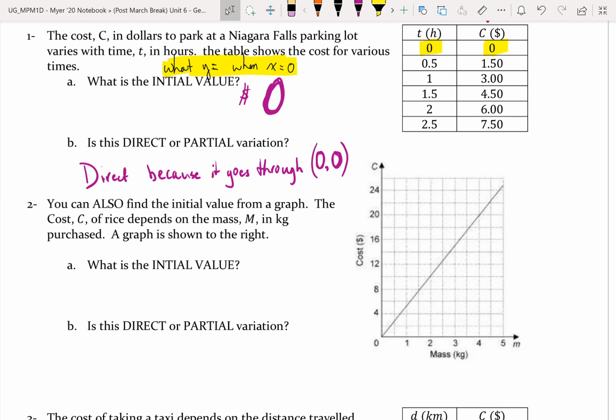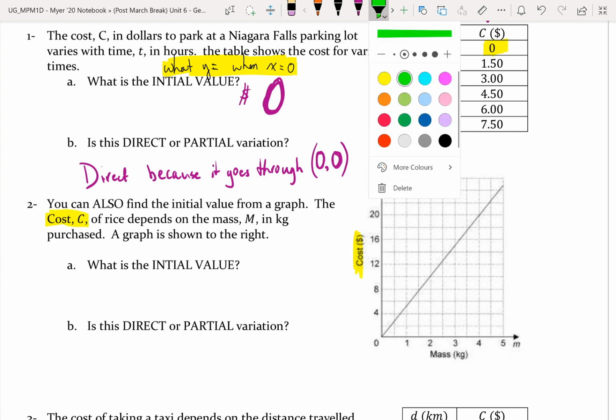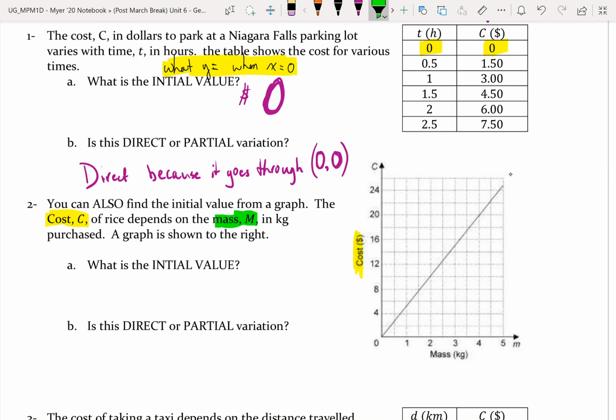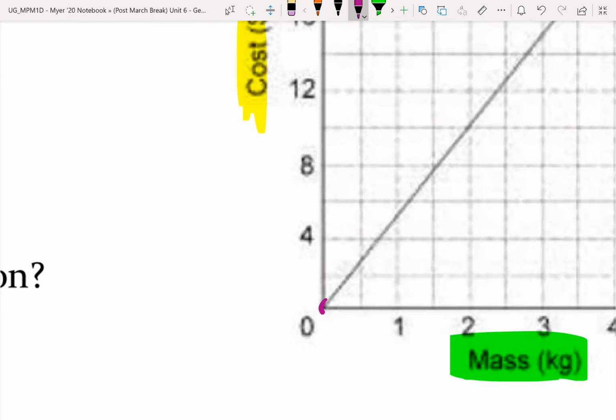You can also find the initial value from a graph. We can look at this graph, and we look at the cost right there, and we have our other axis, mass m in kilograms. So what's the initial value? Well, the initial value is right there, because it's where it's hitting through there, and we know that this is 0.